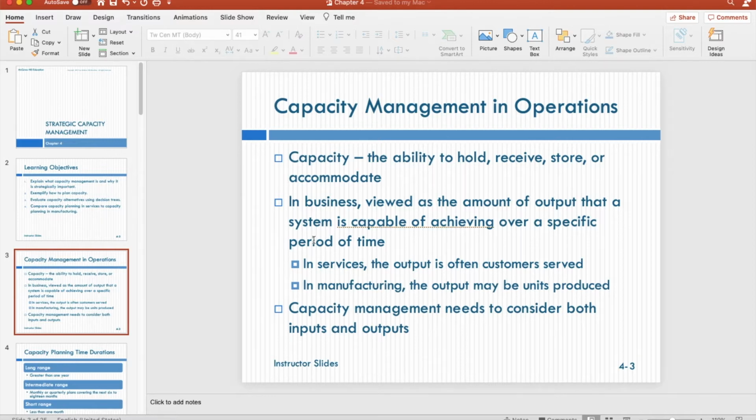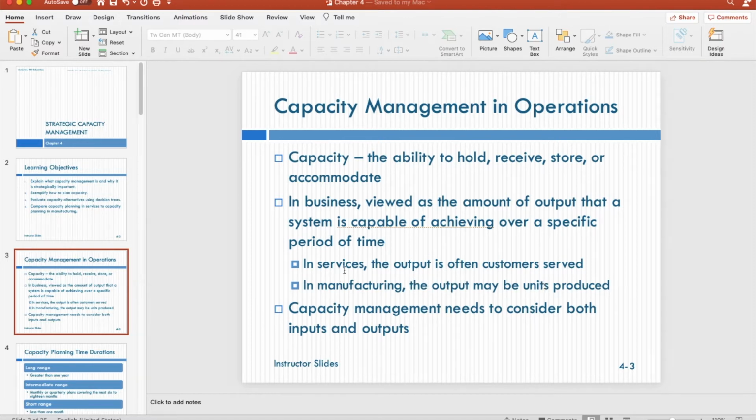All right. So as I show here, in business, capacity is viewed as the amount of output that a system is capable of achieving over a specific period of time, right? So if you are a manufacturing type of firm, output would be the units produced, right?